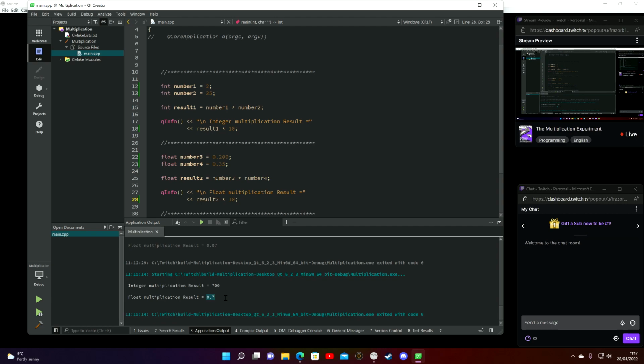Will it still be 0.7? Or will it be whatever approximation binary can make of it, which is 0.699999, by the way. That's the approximation that binary can record.